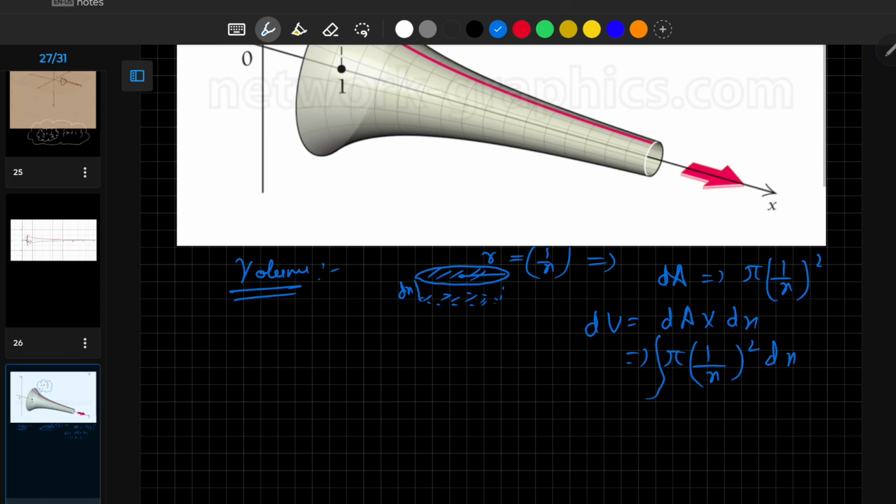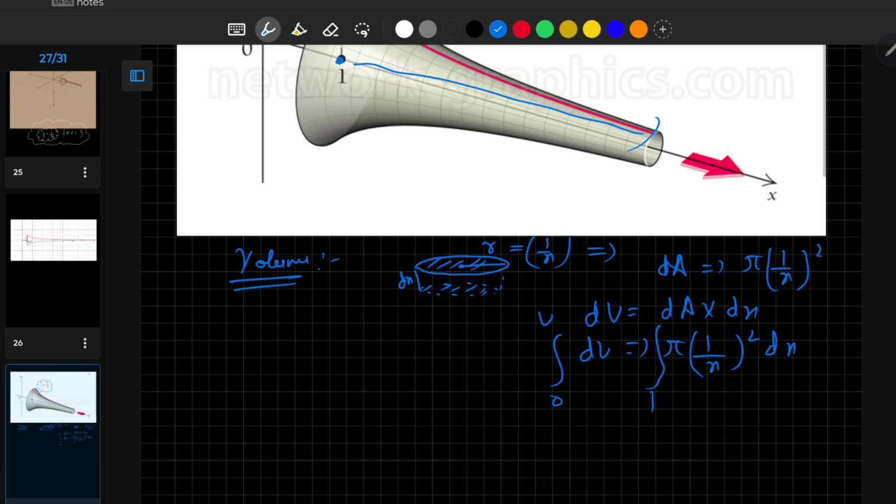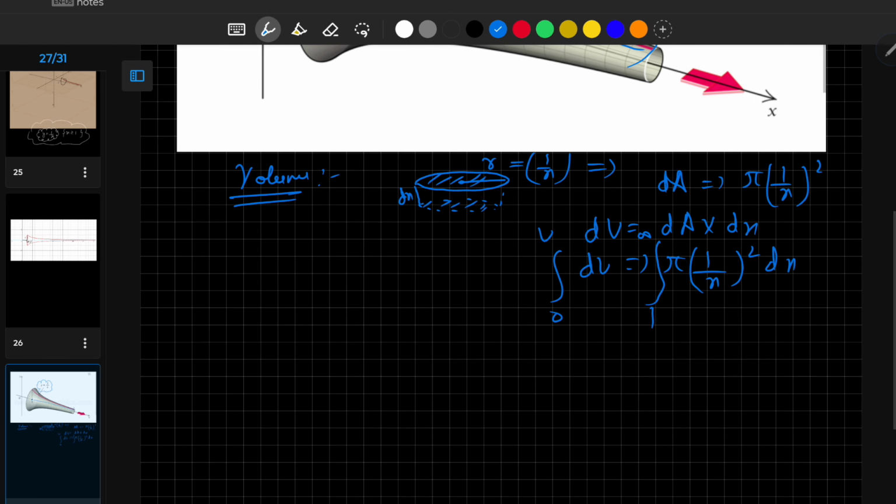From where to where am I going to integrate it? I'm going to integrate it from 1 to infinity, or 1 to n.